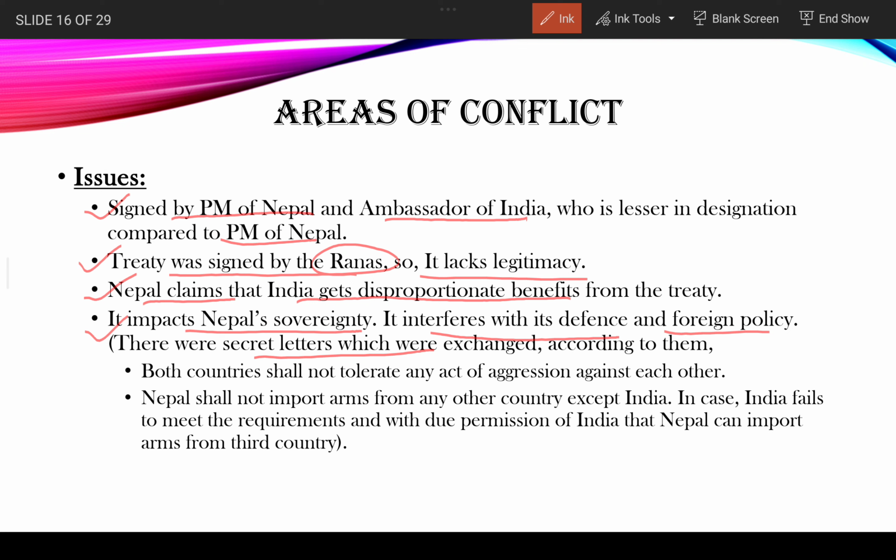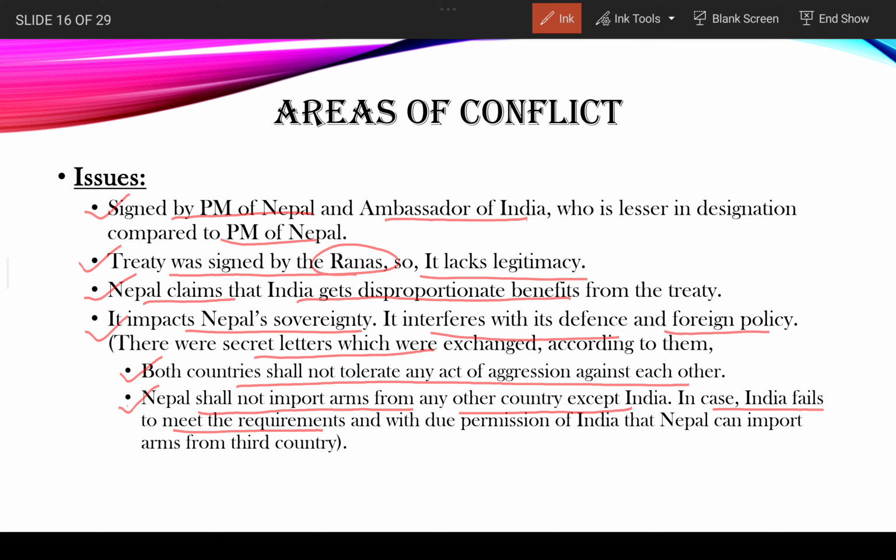What was written in those secret letters was that both countries shall not tolerate any kind of aggression against each other. And another is that Nepal shall not import arms from any other country except India. In case India fails to meet the requirements, then with the due permission of India, Nepal can import it from a third country.